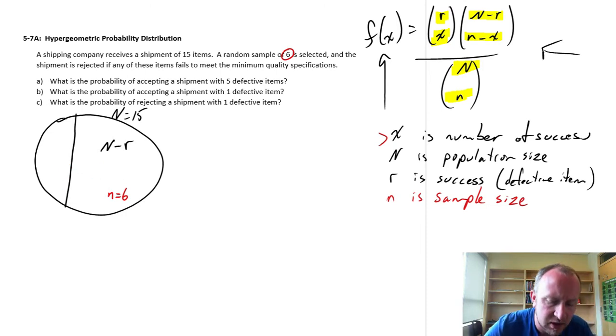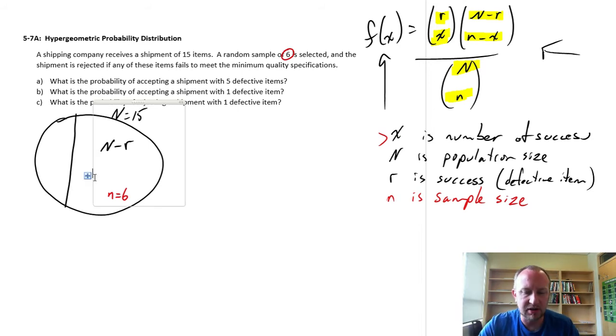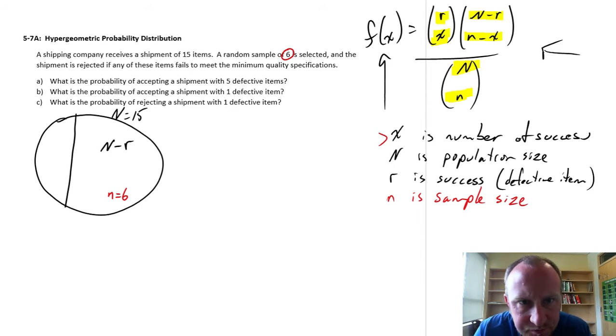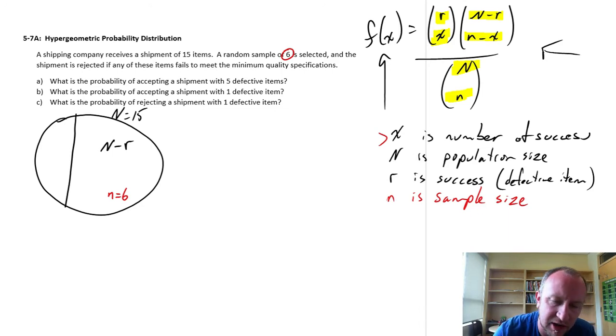There we go. My first one, what is the probability of accepting a shipment with five defective items? Okay, so how can we look at this? If I have my shipment, I have population, and that shipment is 15. If there's 5 defective items, what this means is that R is equal to 15.